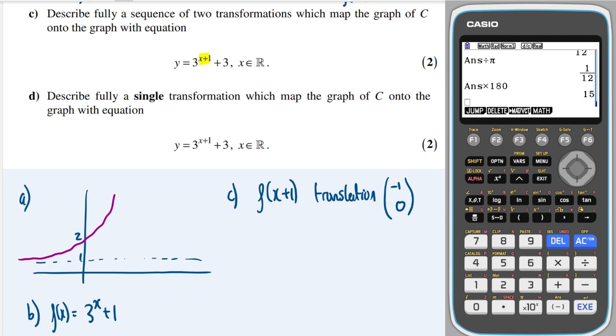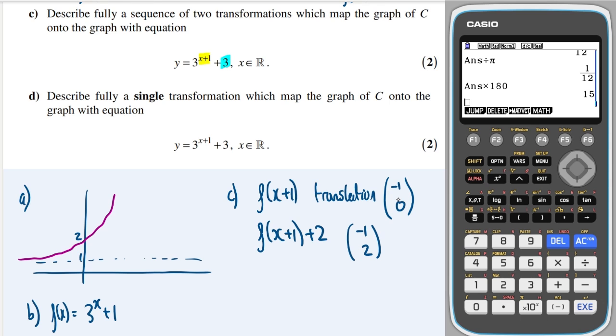So like that. And I can also see that we've added on an extra 2. So that will be f of x plus 2. How should I write this? I'll write it like this, which means overall we're now translating it minus 1 and 2 up.